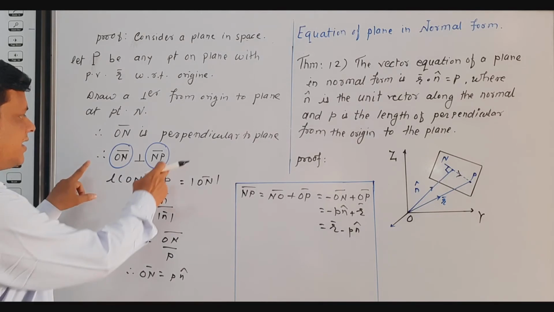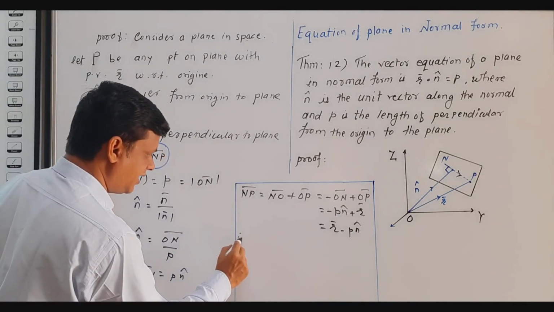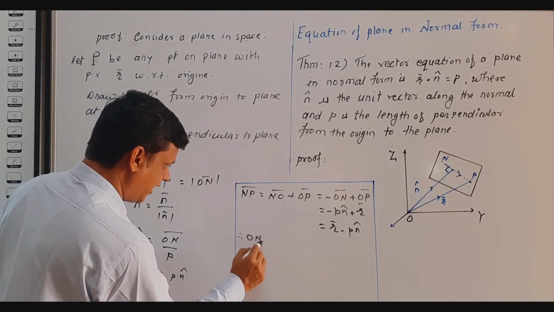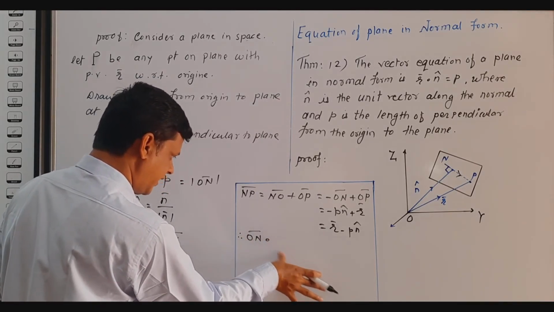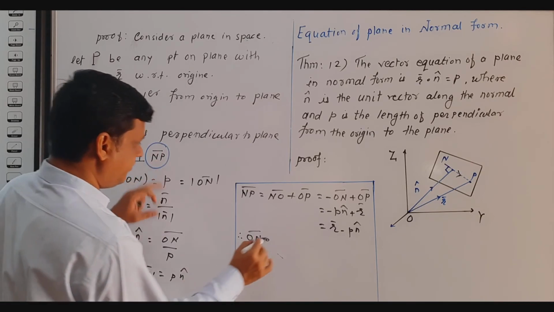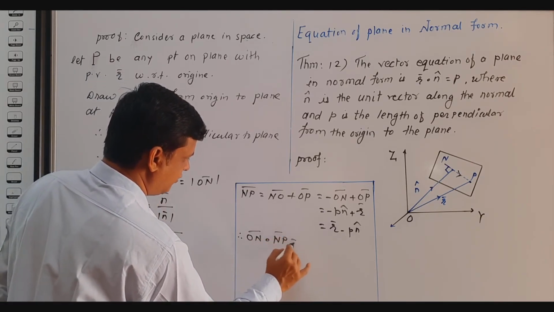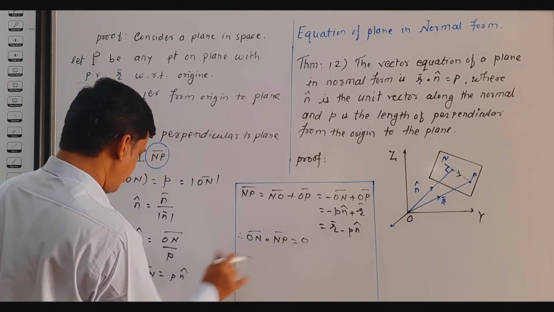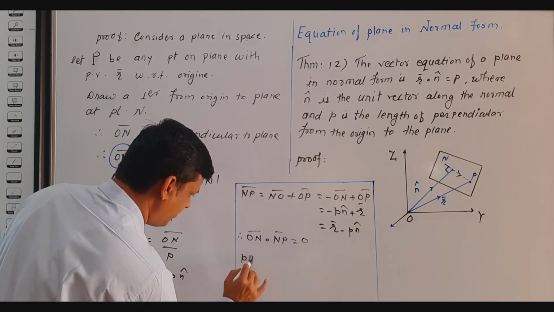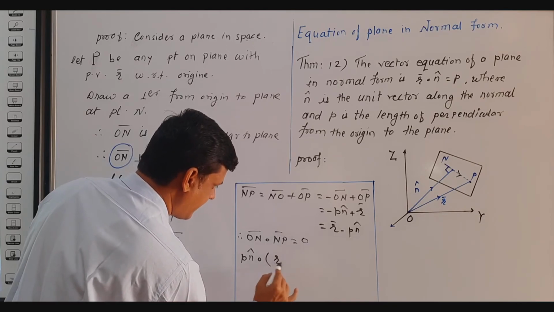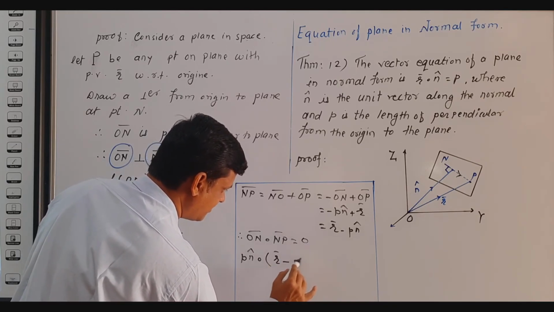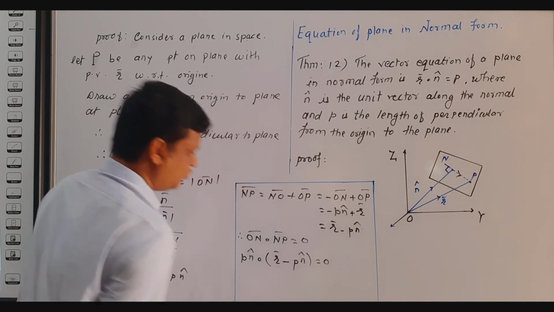Now these two vectors are perpendicular, therefore vector ON dot vector NP is equal to 0. Vector ON is p n cap, and vector NP is r bar minus p n cap, so p n cap dot r bar minus p n cap equals 0.